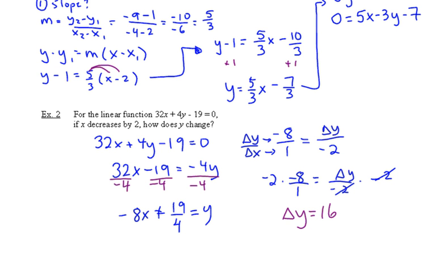So you don't get this part? So this is our rate of change, right? Our rate of change, or a slope. And so they're saying if x decreases by 2, how does y change? So we know that our rate of change is -8/1 for this line. So that's the relation, and we're setting up an equation here because the slope equals slope.